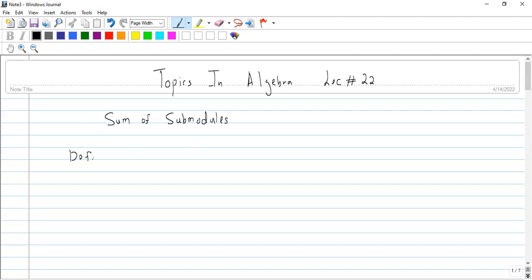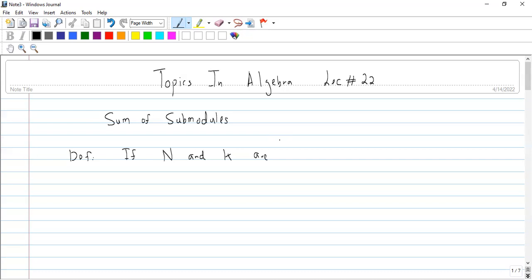So the definition: if n and k... because actually we are trying to replicate the concept which we already studied for rings. For example, in the last class we studied the concept of homomorphism, or the quotient ring, or the factor ring in the case of modules.